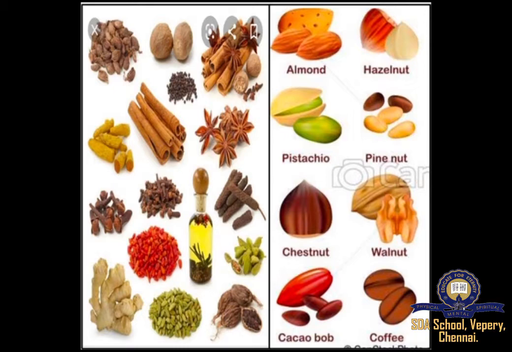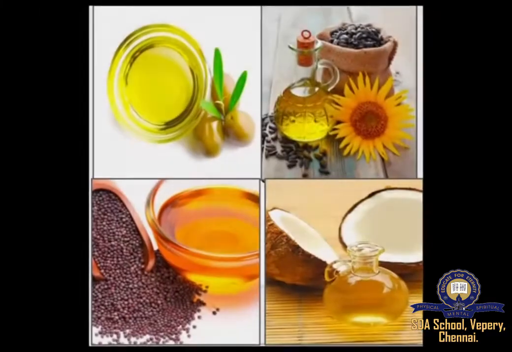And look into nuts, almond, walnut, pista, hazelnut, chestnut, cocoa, coffee beans, all these come under nuts. We get spices and nuts also from the plants, not from anywhere else. We get all these things from the plants.